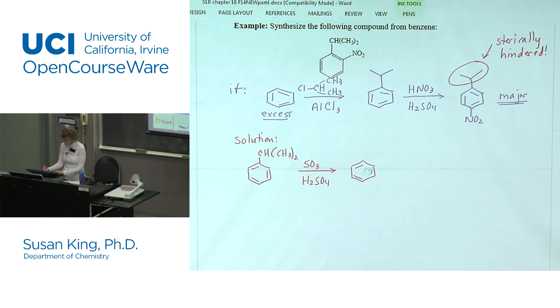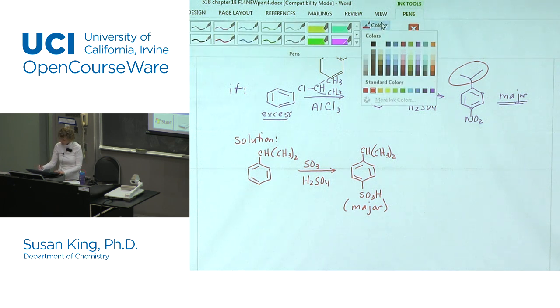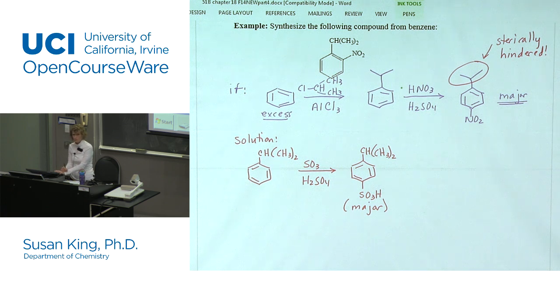That doesn't mean we won't get any in the ortho position, but we'll get a minor amount in the ortho position for two reasons. This isopropyl group is hindered, and the sulfonyl group is also, that sulfur is pretty large. So we're going to get this as our major. If we get any ortho, which we probably will, we'd have to separate that first. But this is our major product.